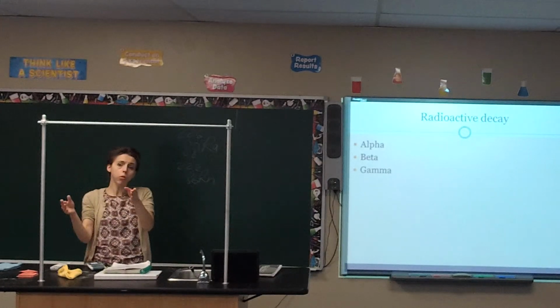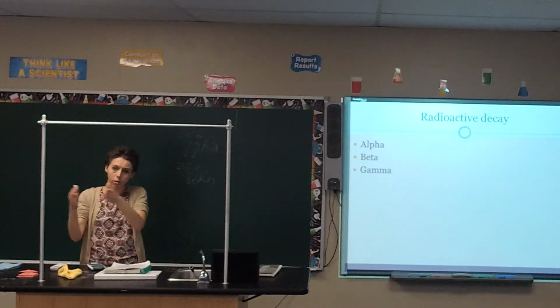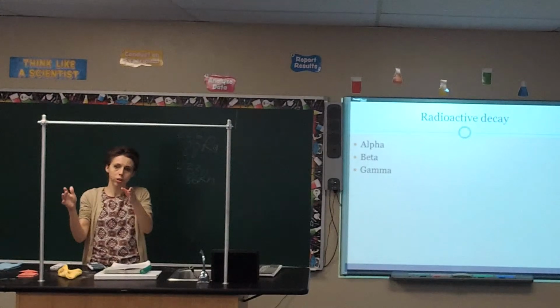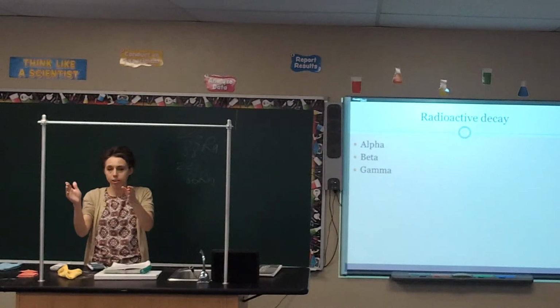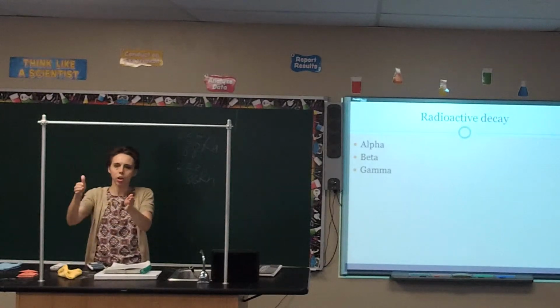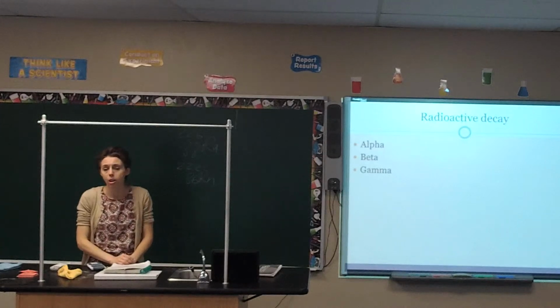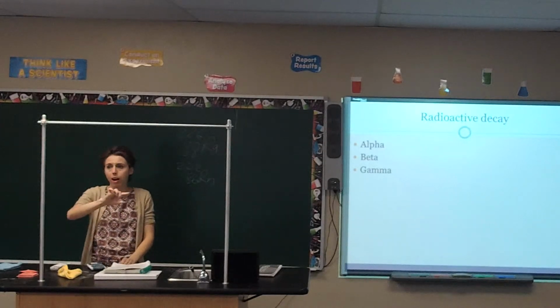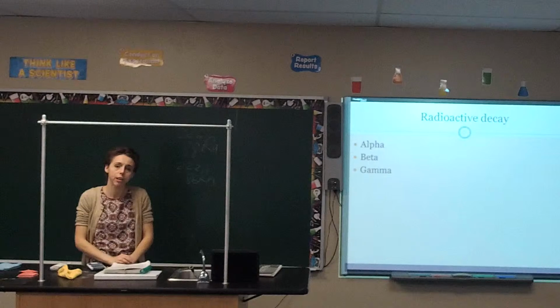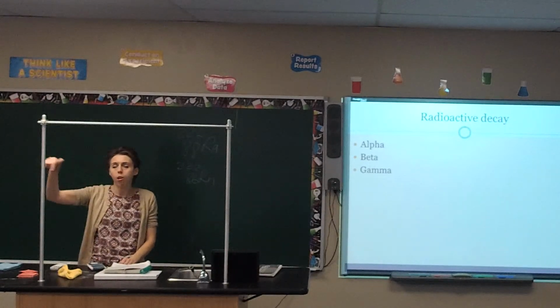But since we don't know how much of that original substance we started with, we don't know how long that rock has been around. Even though scientists know how long it takes for one half the substance to decay, you can't go backwards, because very rarely do we find a pure rock or a pure substance where you can figure out how old the rock is.